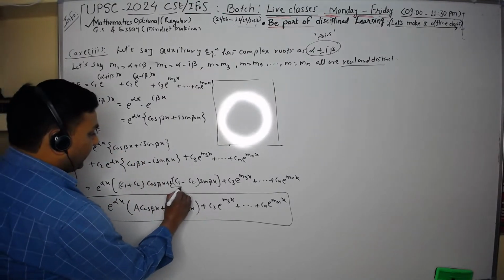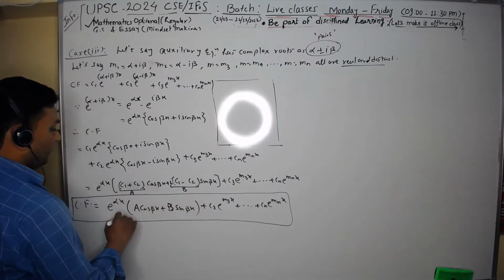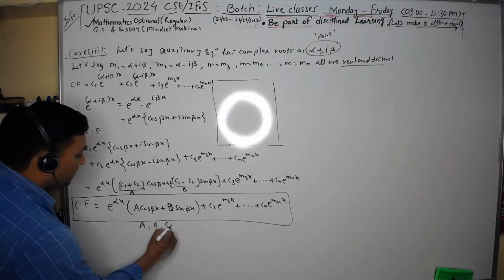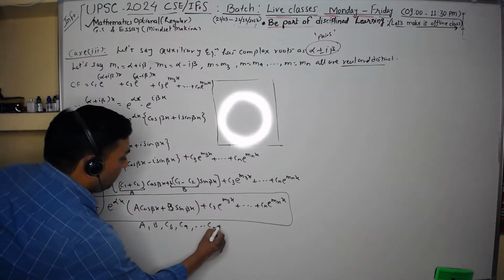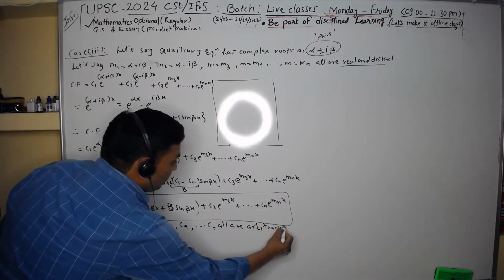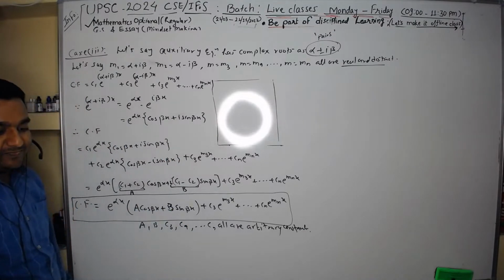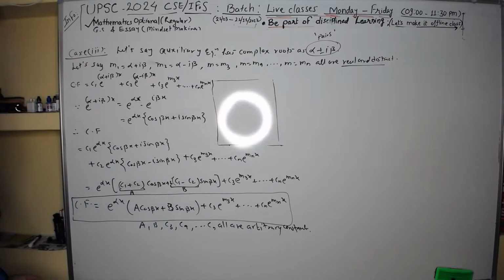And this whole iota treated as capital B. This whole iota treated as capital A. A, B, C3, C4, Cn, all are arbitrary constants. Okay?